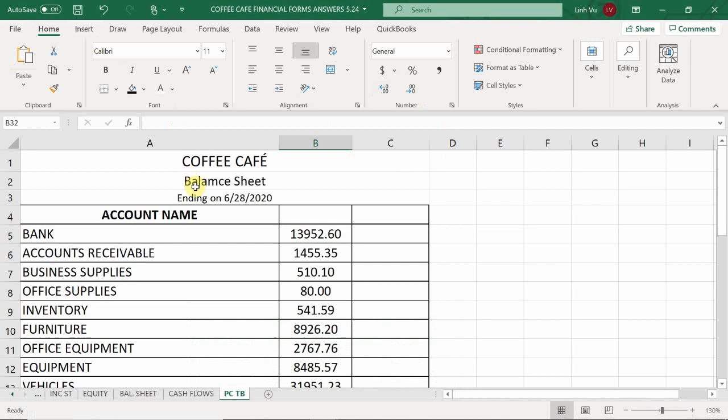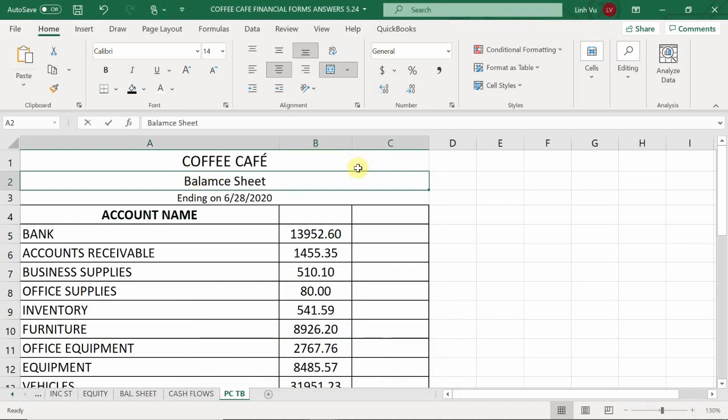Okay, so it says right here balance sheet. I'm going to change that to post-closing trial balance. It is as of June 30th.